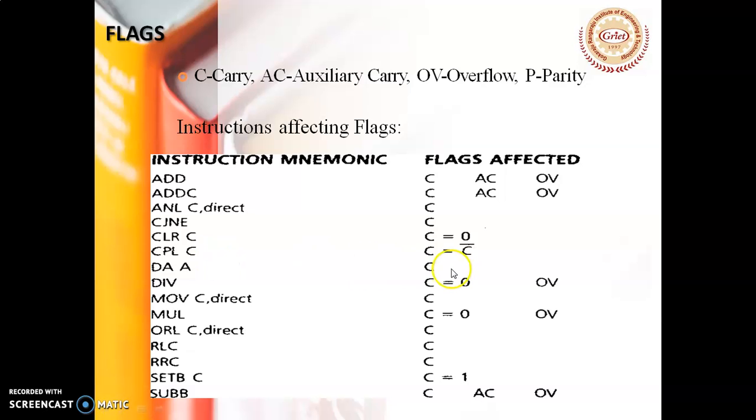DAA, DIV, MOV, MUL, ORL, the logical OR operation, the rotate left and rotate right operations, SETB, and SUBB operations also affect the flags. This is a list of which instructions affect the flags. That is the table over here. Just go through it.